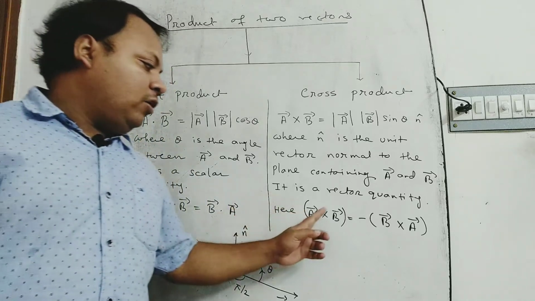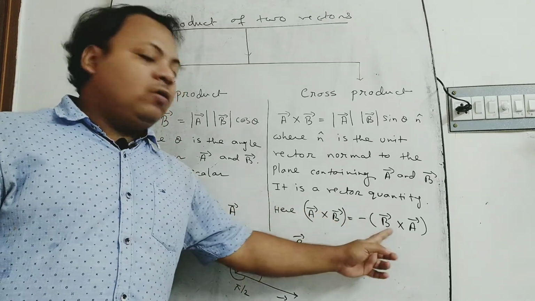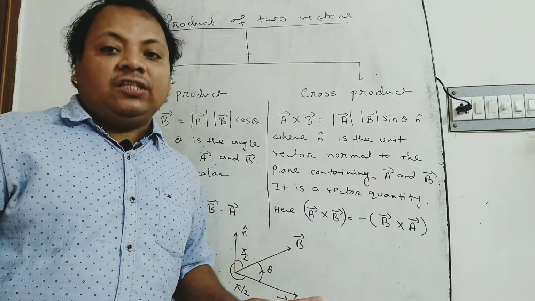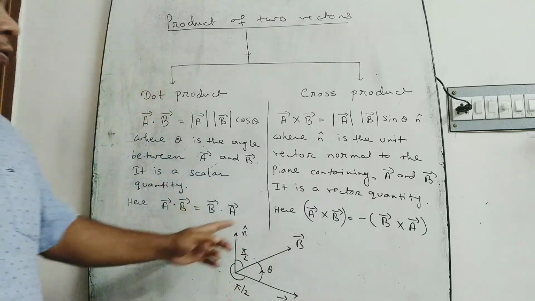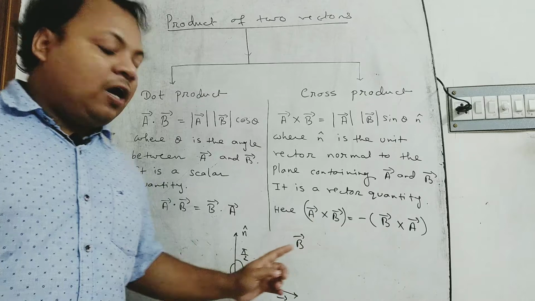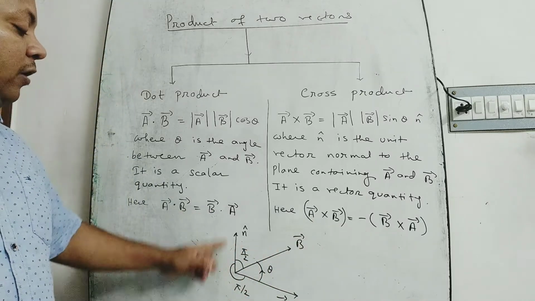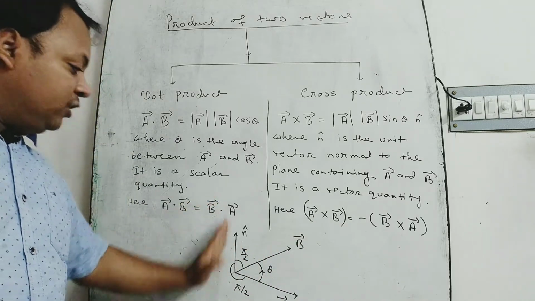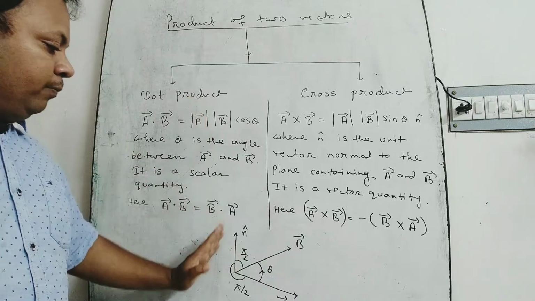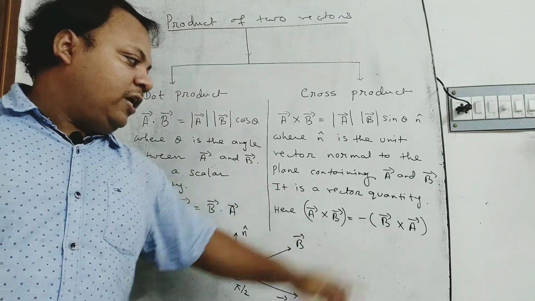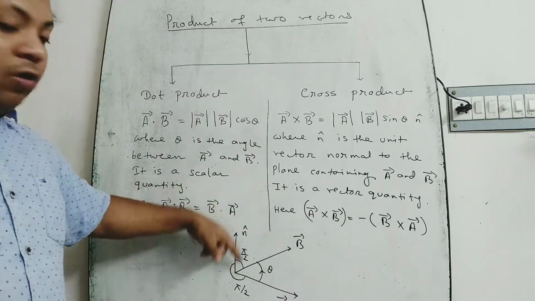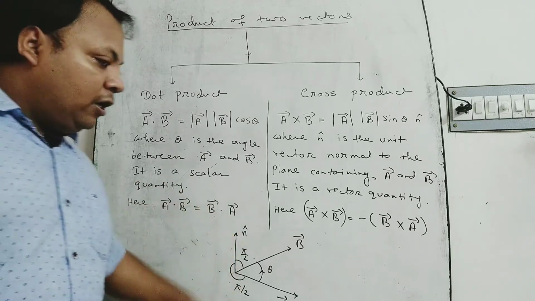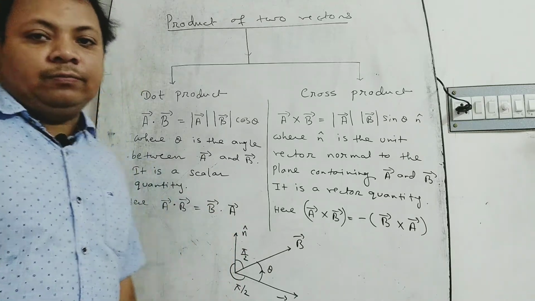That is, a cross b and b cross a are opposite to each other. If a cross b gives the outward normal vector in the positive direction, then b cross a gives the inward normal vector, along the negative direction.